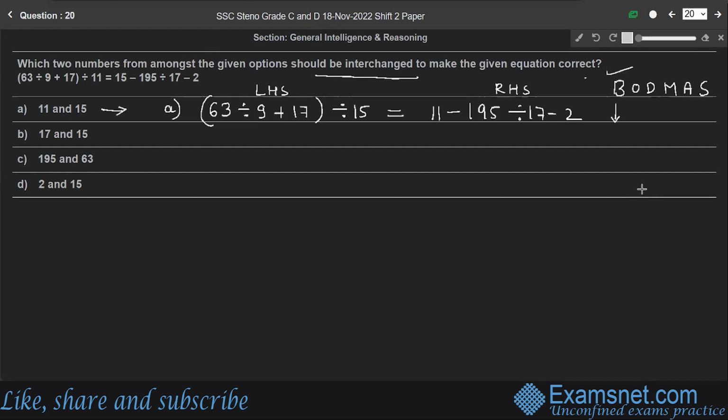Here we'll consider LHS and RHS separately. In the LHS part, we have a bracket in which we have two operations, division and addition.